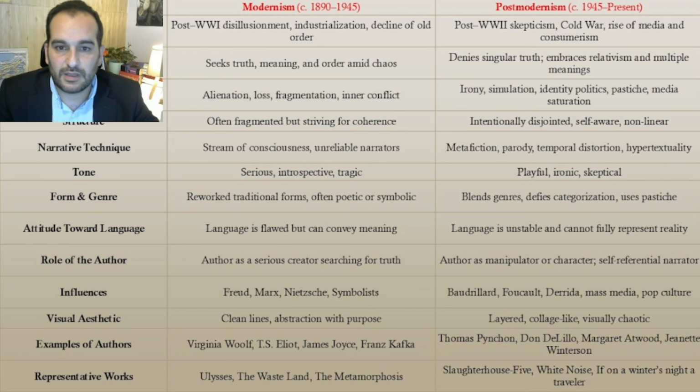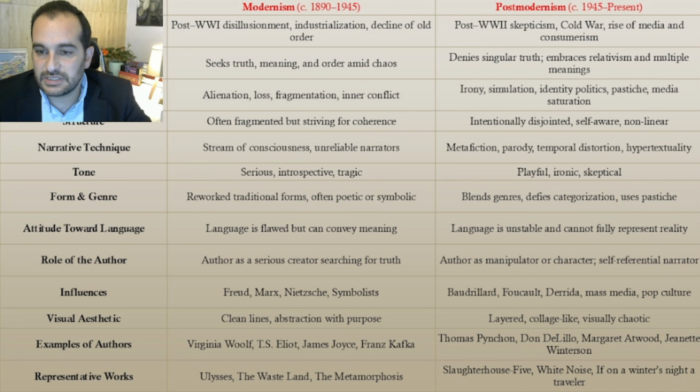The philosophical outlook of modernism included seeking truth, meaning, and order. Meanwhile, in the postmodernist period, we see denying of the singular truth, and we see believing in multiple meanings. In modernism, we see themes like loss and inner conflict. In postmodernism, we see irony, simulation, media, pastiche.